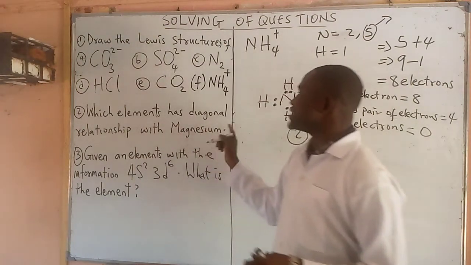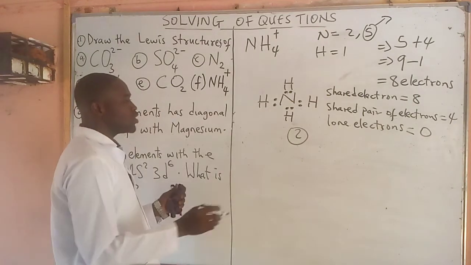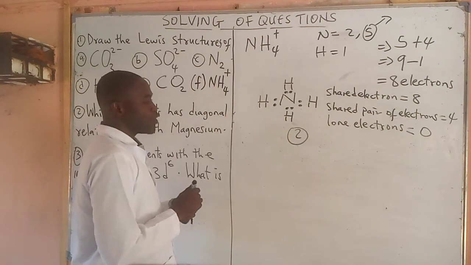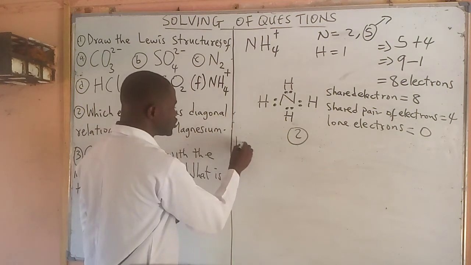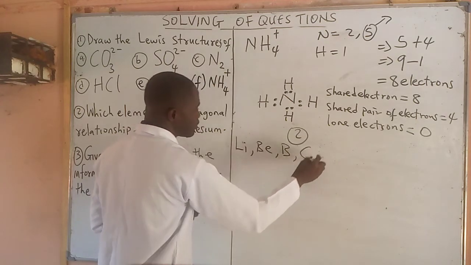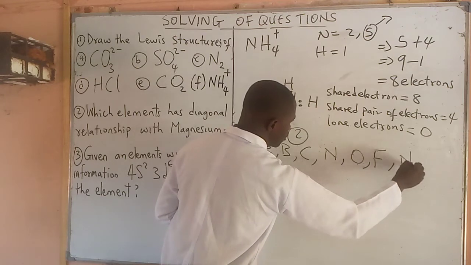Which element has a diagonal relationship with magnesium? If they ask you this question, see what you do. In period 2 of your periodic table, we have lithium, beryllium, boron, carbon, nitrogen, oxygen, fluorine, neon.